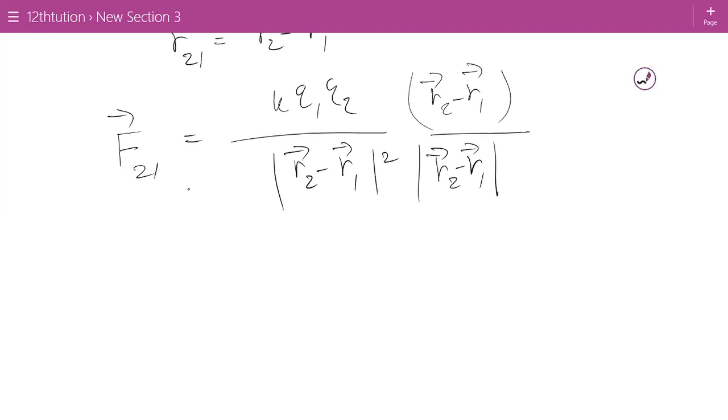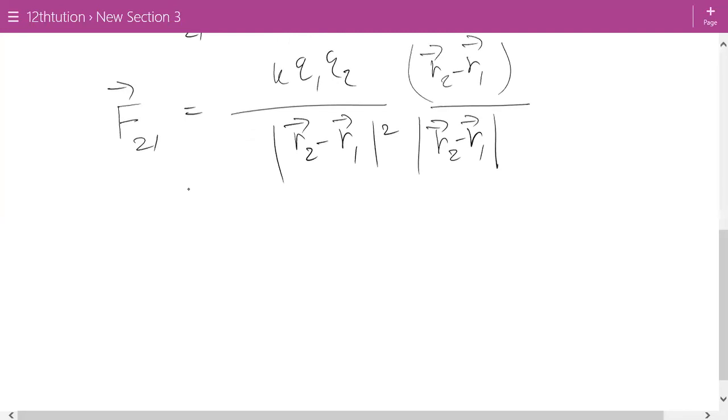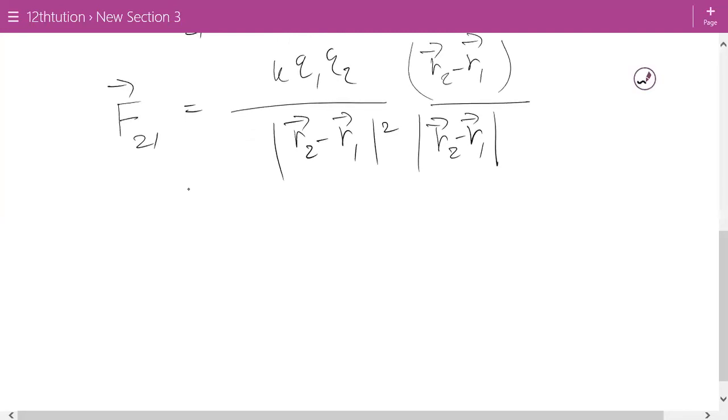That is the definition of a unit vector. All of these things we have covered in the initial classes, right? A unit vector is written as the vector divided by the vector magnitude. But still, if you do not understand anything, you can ask me the question.